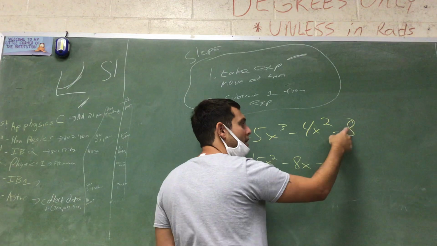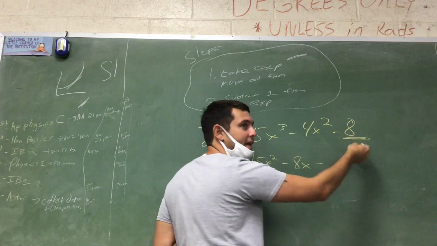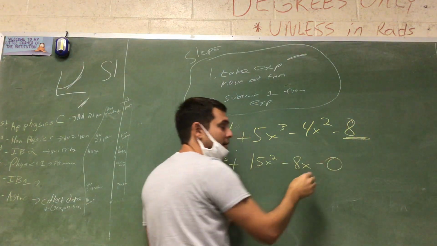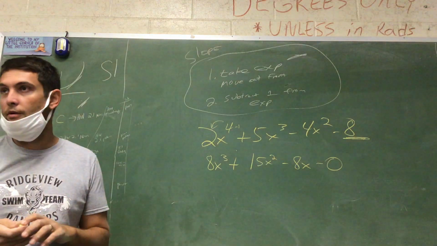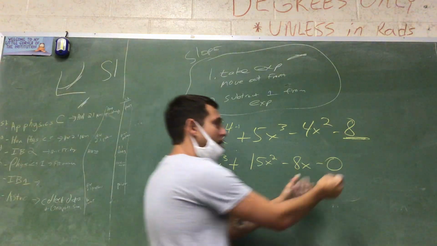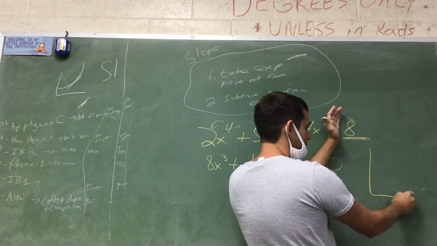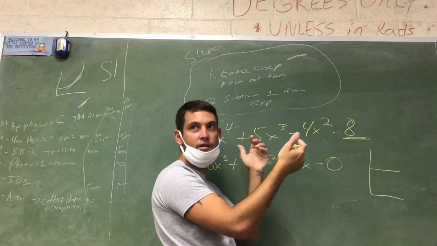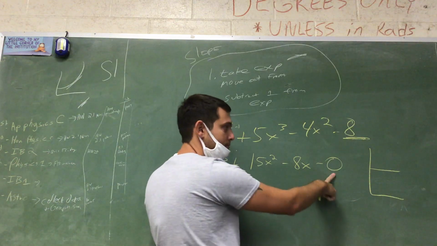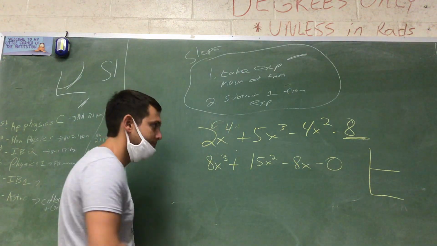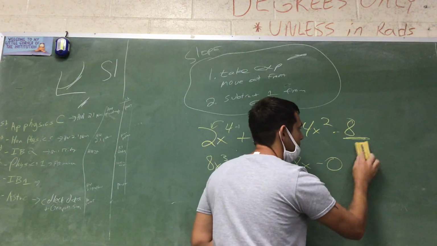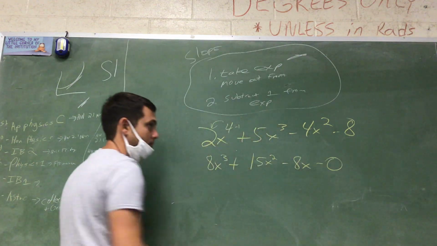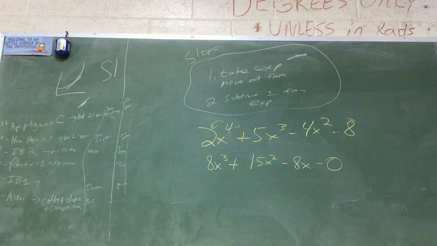Whenever you have a constant without any x term, it becomes 0. Because if we were to graph just this as a function of time, it's going to be a straight line. And what is the derivative of a straight line? 0. Okay, I can understand where you're getting the derivative from. The slope.